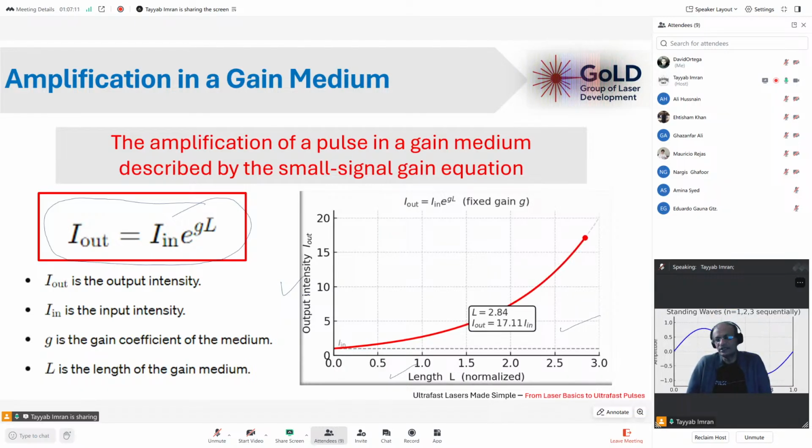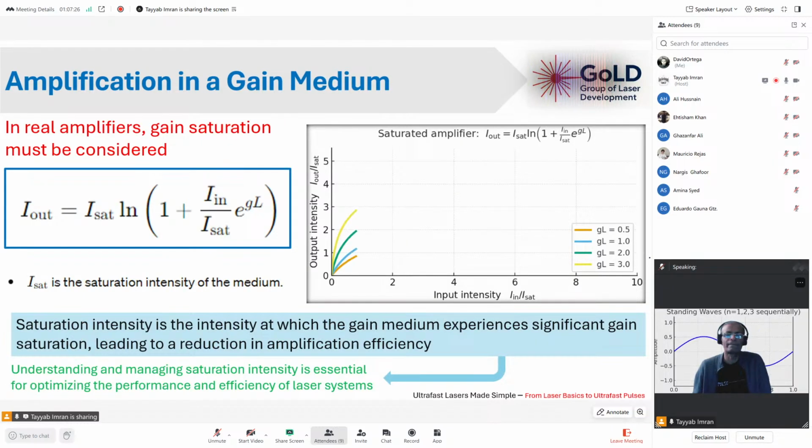The output intensity increasing with the length of the gain medium is not the case in actual practice. Here on this slide, this is a more practical equation.